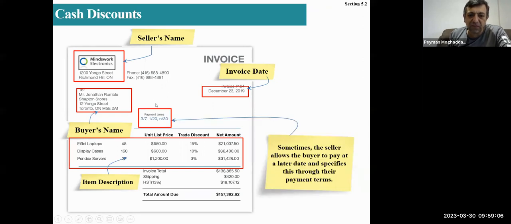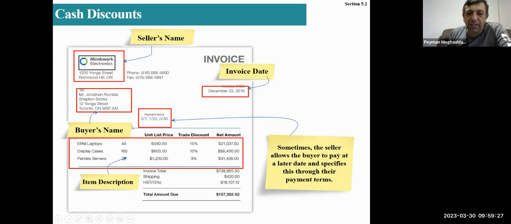Okay, so this one is not very usual. The cash discount and payment terms are not very usual. This generally happens when the invoices are very big, like more than $100,000, $150,000. That's when you generally see these terms. Okay, and this is what we discuss today in this lecture.